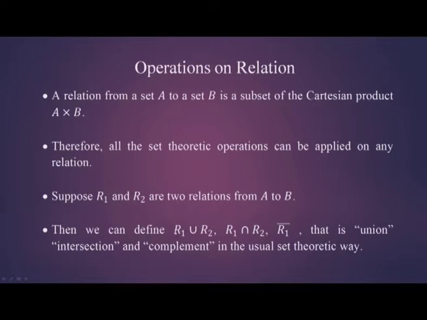Suppose we have 2 relations, which we denote by R1 and R2, from A to B. We can consider R1 union R2. Similarly, we can also consider R1 intersection R2, and given any relation, let us say R1, we can consider its complement.